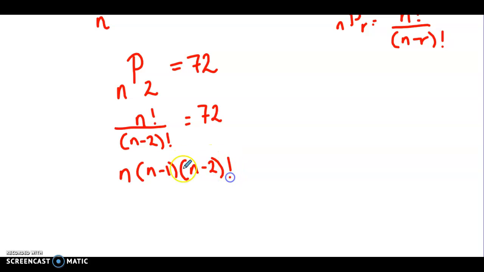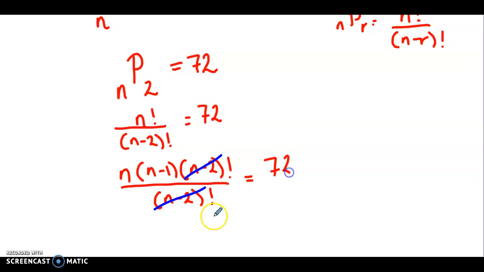And then we stop, as we see that in our denominator we have N minus 2 factorial. So we can cancel out N minus 2 factorial, and we are left with N times N minus 1 on the left side and 72 on the right.